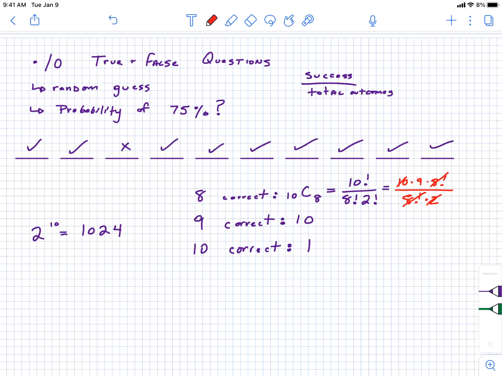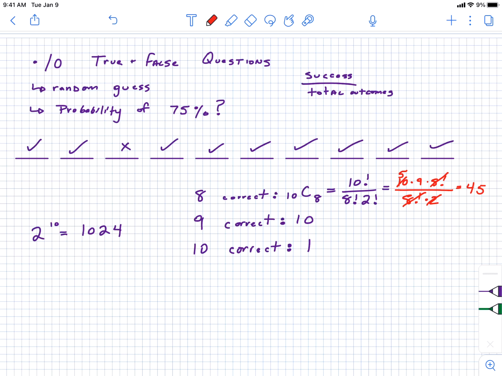We can reduce that. And all we're left with is 5 times 9. So 10 choose 8, which you can do on a calculator, is simply 45. On a TI-84, I believe it's the math button, and there's a probability section. It may say PRB. And I can show you guys that next week. So 10 choose 8, 45.